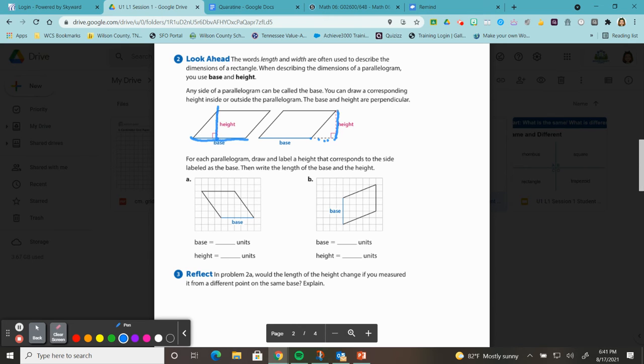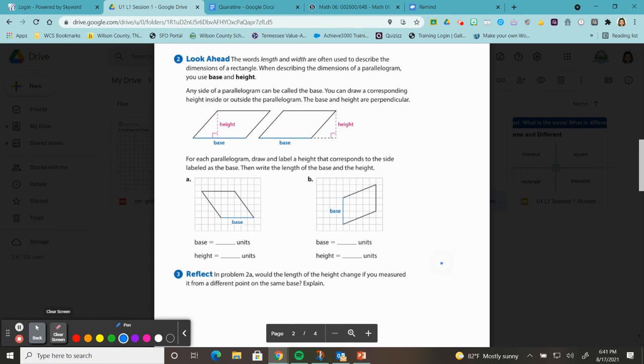So again, same parallelogram. We started inside of the parallelogram to find the height here. We start outside of the parallelogram to find the height in the second one. The height does not change, but there are different ways that you can find your height.